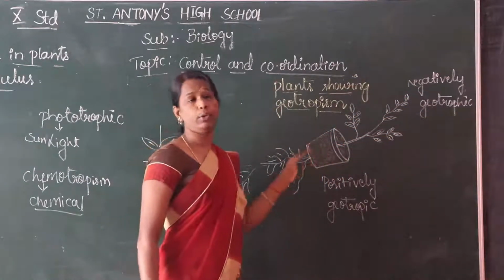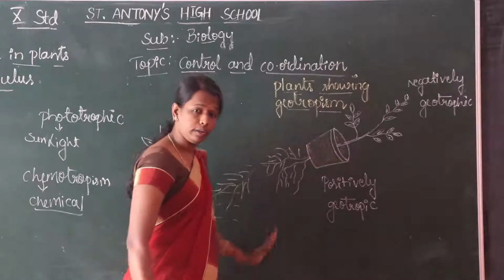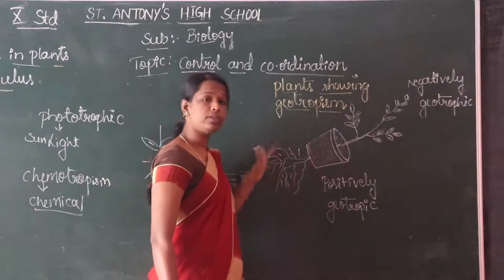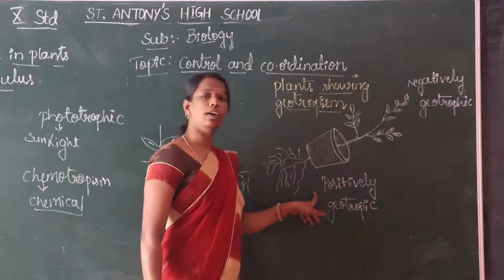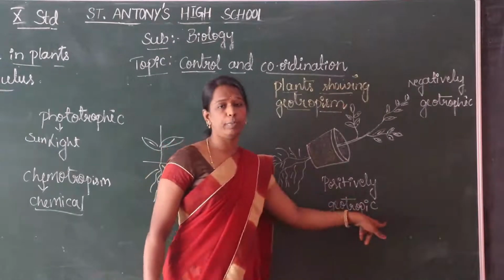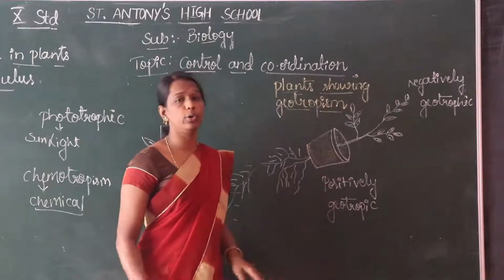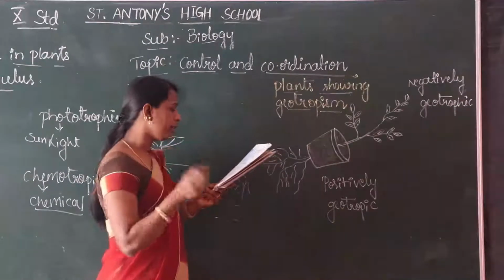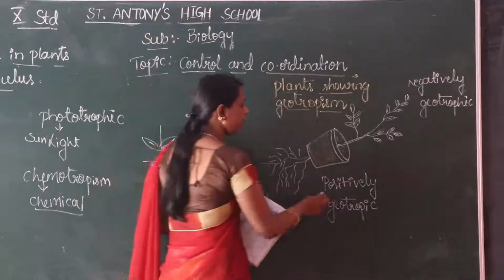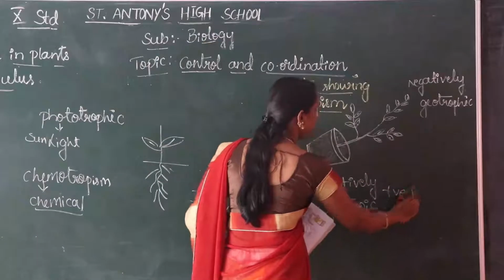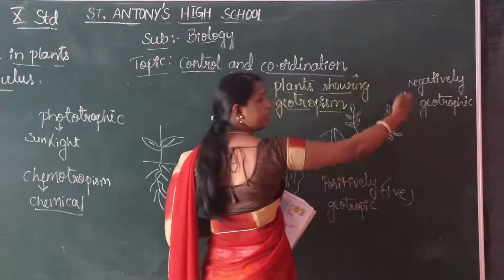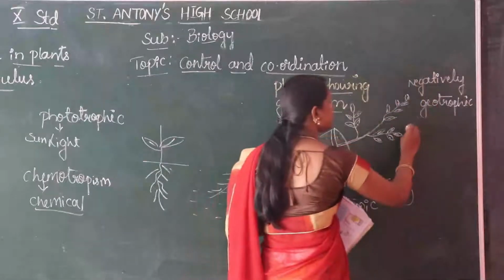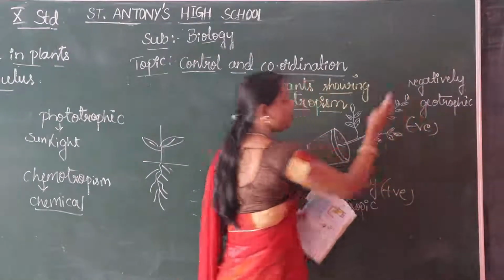Whereas this plant root grows downwards, and roots growing downwards is called positive geotropism, or positively geotropic. The stem growing towards the air is called negatively geotropic.